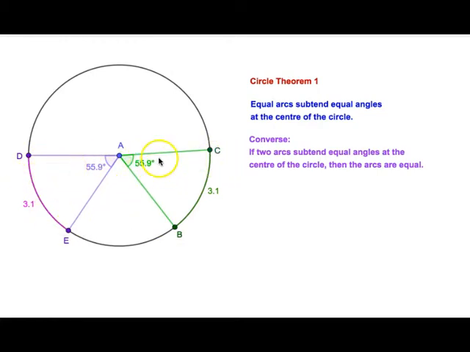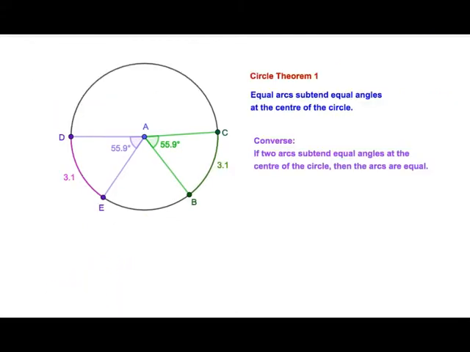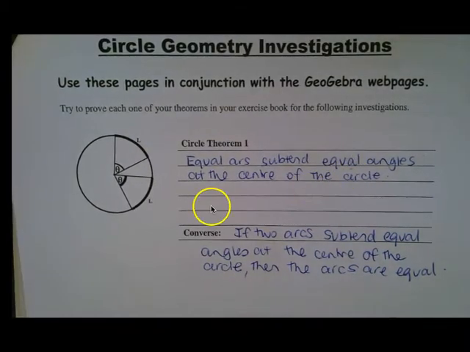The converse theorem is: if two arcs subtend equal angles at the center of the circle, then the arcs are equal. So put that in the space that says converse. So your sheet should look like this at the moment with circle theorem number 1 and its converse.